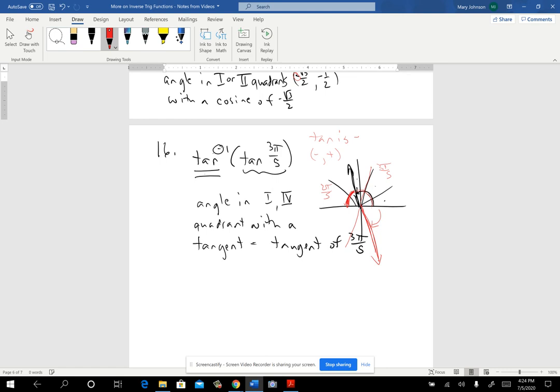The remaining piece here would be 2 pi over 5. And your reference angle is always that angle between the terminal side and the x-axis. So this right here would be negative 2 pi over 5. So the answer to this should be, let me write it down here: tan inverse of the tangent of 3 pi over 5 is going to equal negative 2 pi over 5.